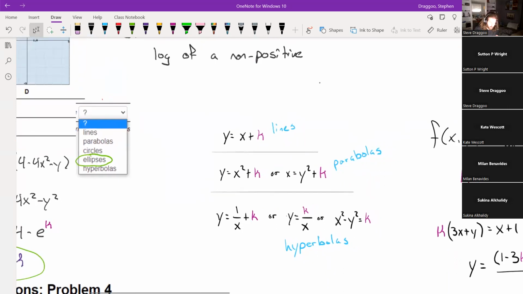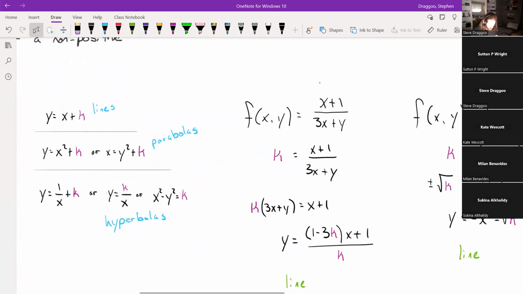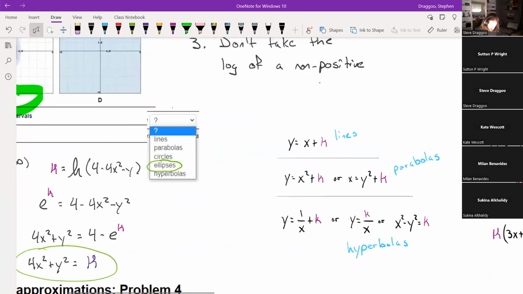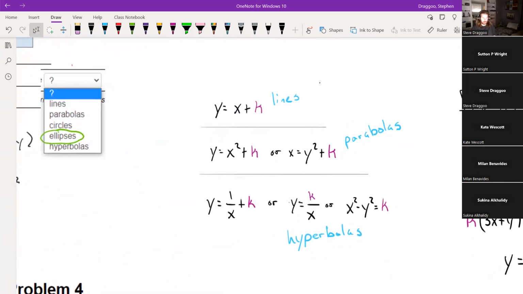All right, some other shapes that we might want to identify as far as what level curves might look like. Let me actually just focus here for a minute so I can see my different styles and different answers on the same screen.